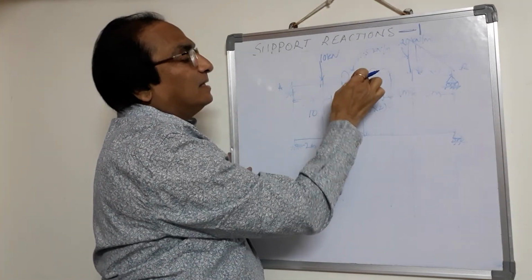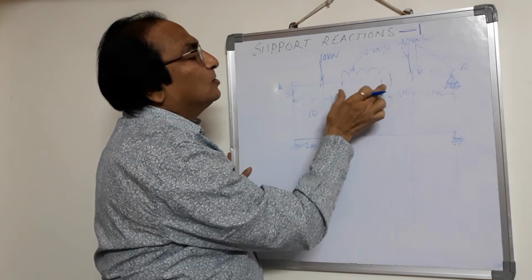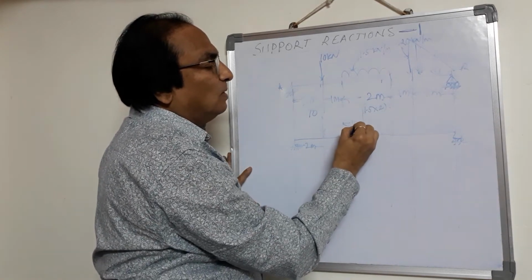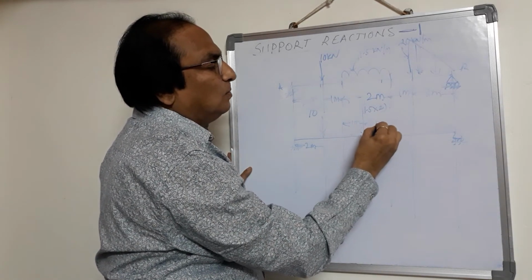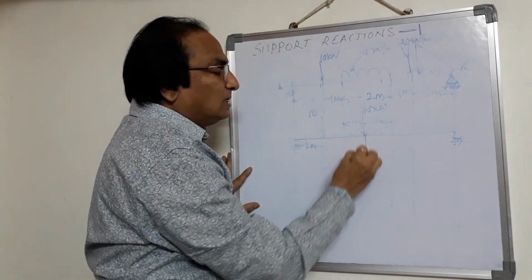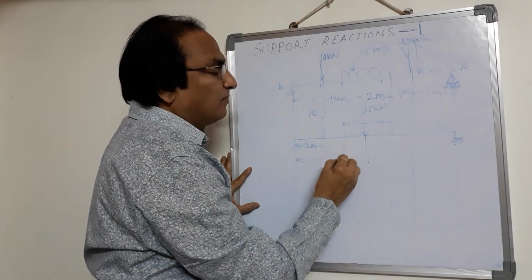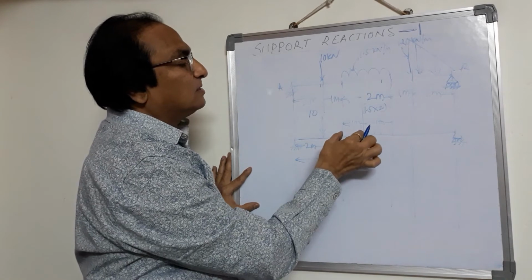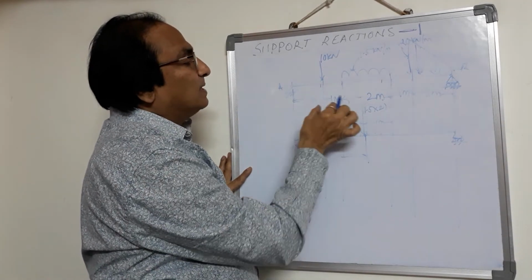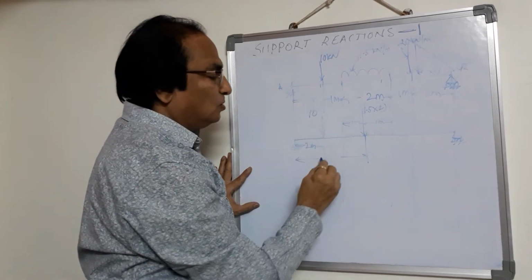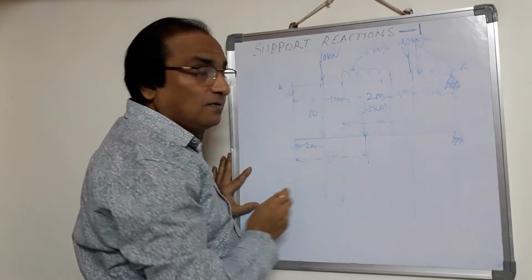It will act at the center. So if it is at the center, this total is 2 meter, so this will be 1 meter and this will be 1 meter. But I want the distance from A because we are taking moment about A. So what will be this distance? 1 meter plus 1 meter plus 2 meters. So this distance will be equal to 4 meters.